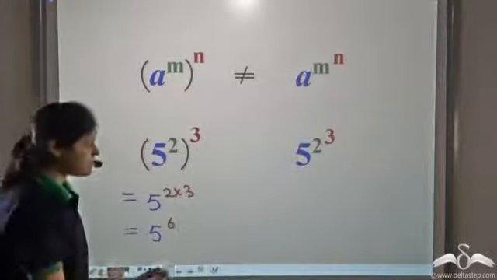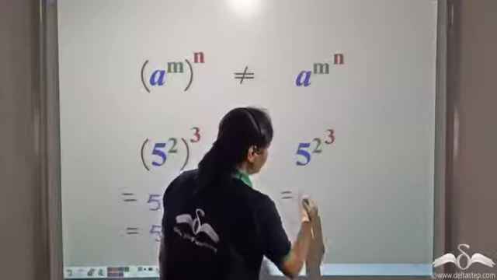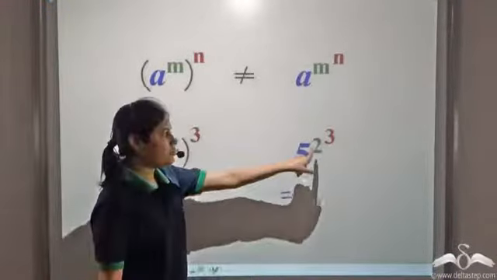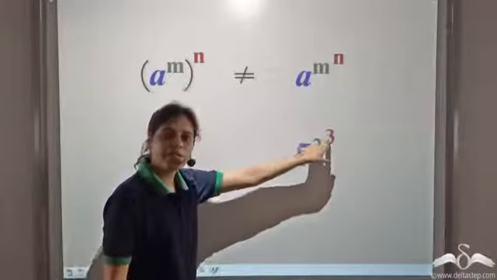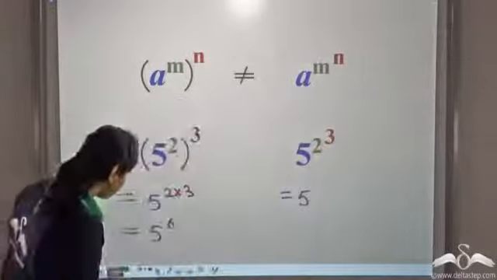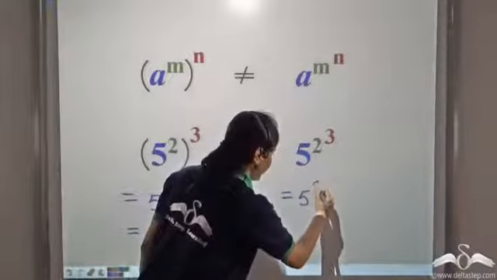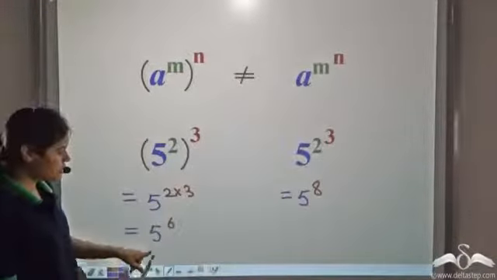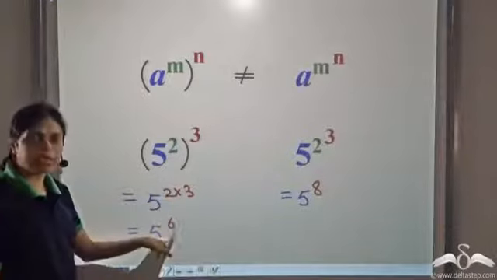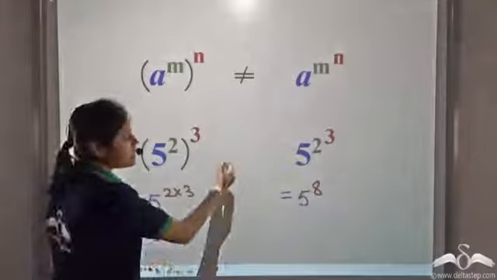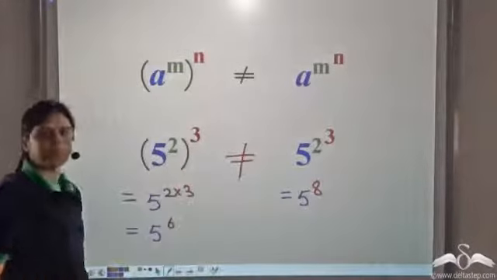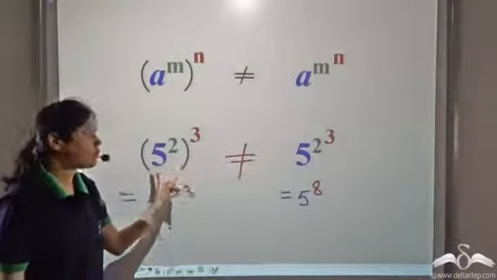What about the other case? This is equal to 5 to the power (2 to the power 3). We know 2 to the power 3 is 8. So this is 5 to the power 8. So in this case, we have 5 to the power 6. In this case, we have 5 to the power 8, which are clearly not equal. So these two are not equal.